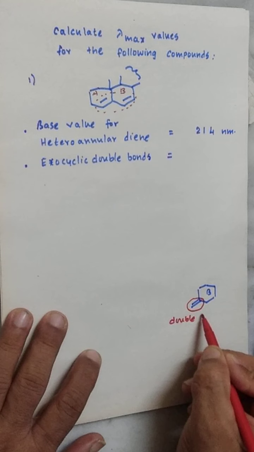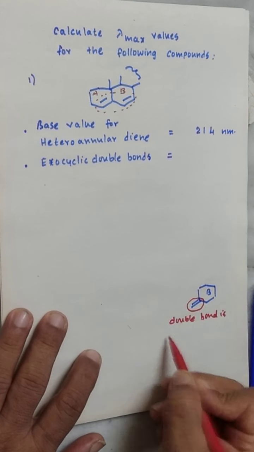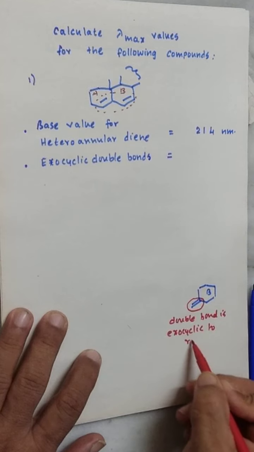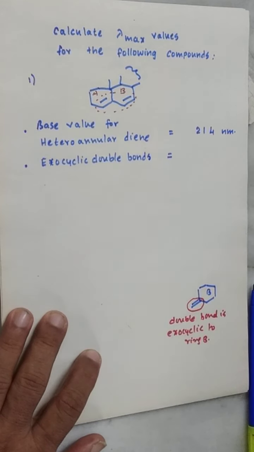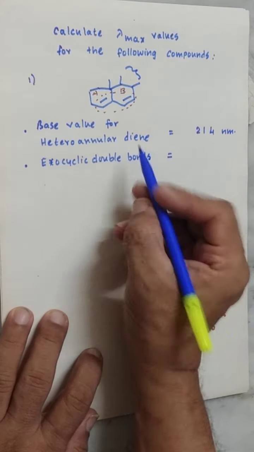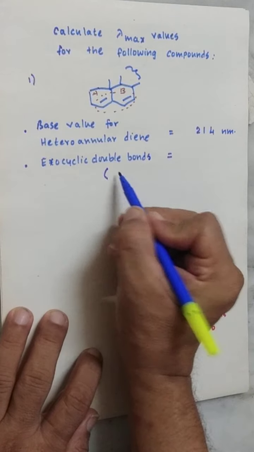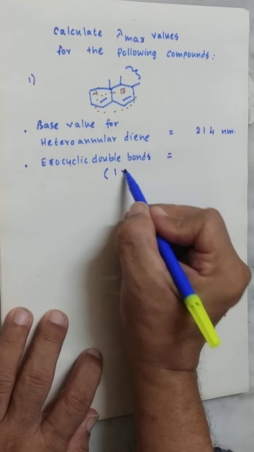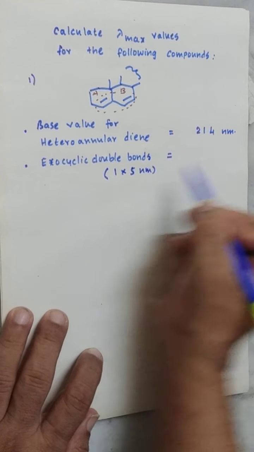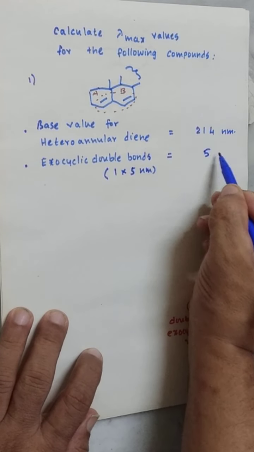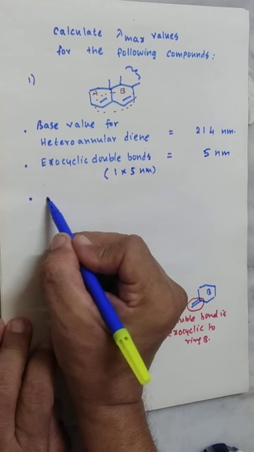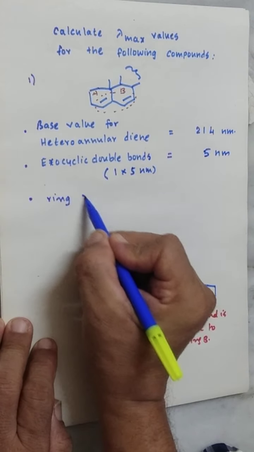This double bond is exocyclic to ring B. And I already told you that for each exocyclic double bond, the value is 5 nanometers. So you have one exocyclic double bond, so it is 1 into 5 nanometers, that is equal to 5 nanometers.